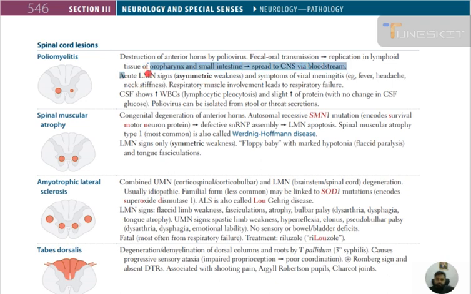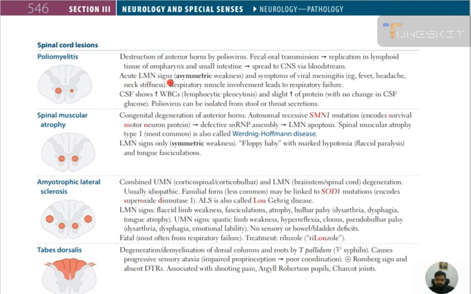Acute lower motor neuron signs. So this shows asymmetric weakness and symptoms of viral meningitis. What are the symptoms of viral meningitis? It is fever, headache, and neck stiffness.